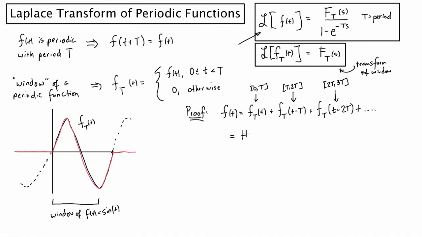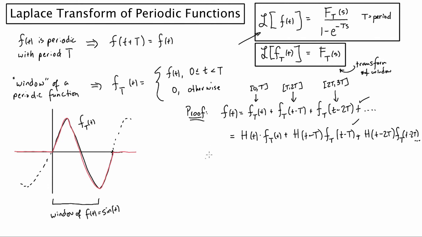In other words, if I write h of t times f of t plus the Heaviside function turning on at the next period, plus finally the Heaviside function turning on here after 2 periods, then these should be exactly equal, because I'm not changing anything. Because these pieces fit together perfectly, adding the Heaviside functions in here doesn't change anything at all.